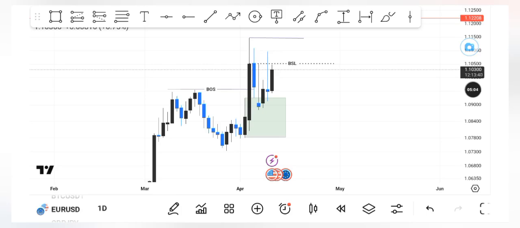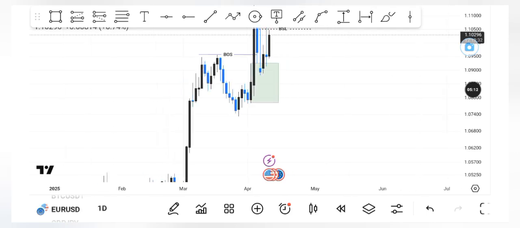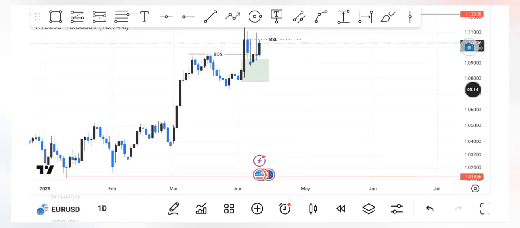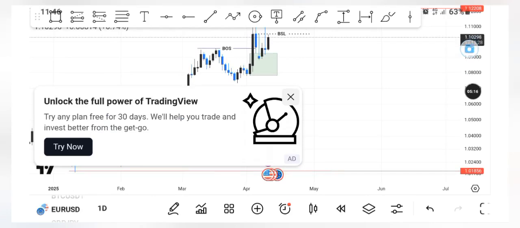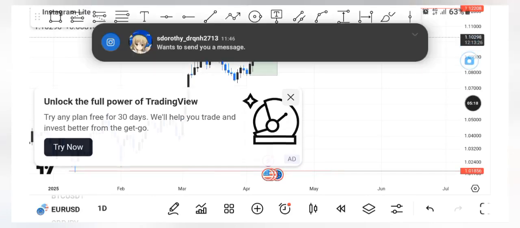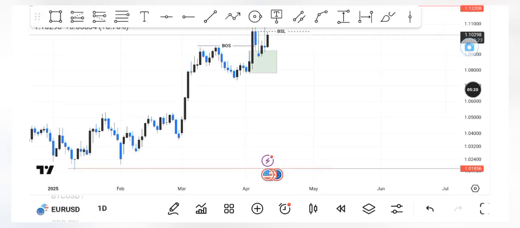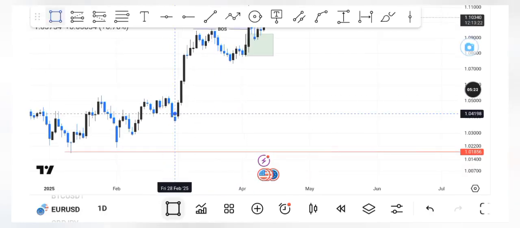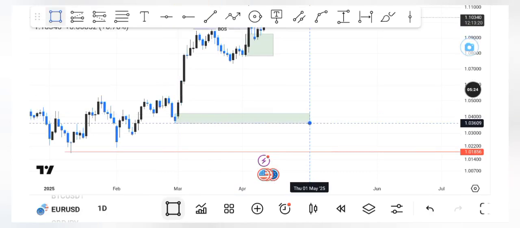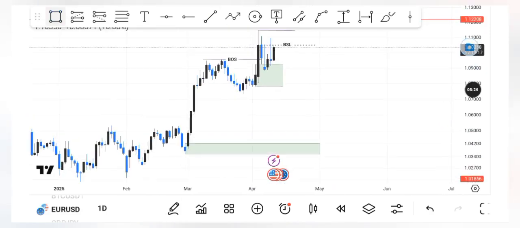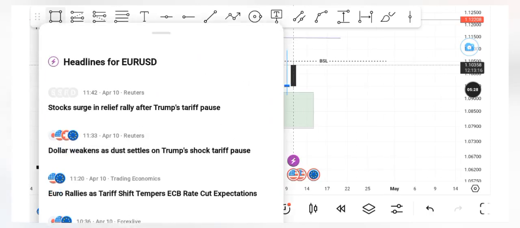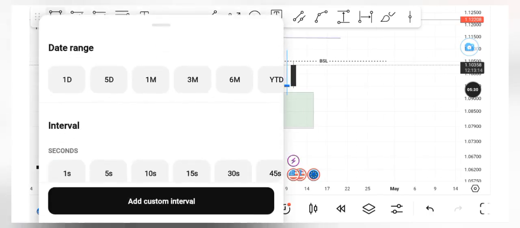So knowing that the market is still bullish, we see if the market tries to give us another market structure shift from the daily time frame, so we may be able to target the draw on liquidity down to come and fill this zone, the supply zone, or sorry, is it a supply zone or the demand zone?